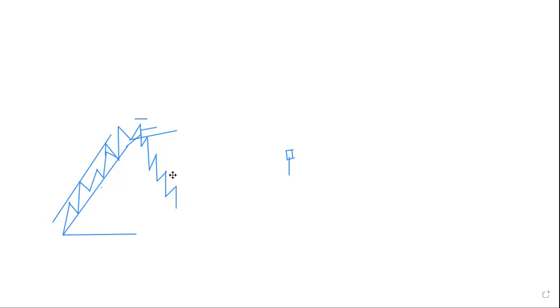You draw your trend line, your downtrend trend line. If you like, you can add this to it, making it a channel. Now, what are you looking out for? You are looking out for a W formation. The market should be able to give you something like this, then something like this, then something like this.